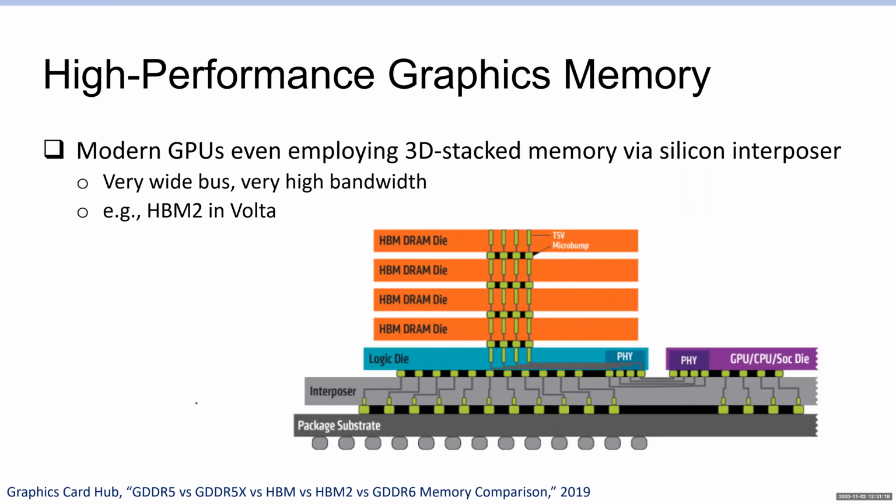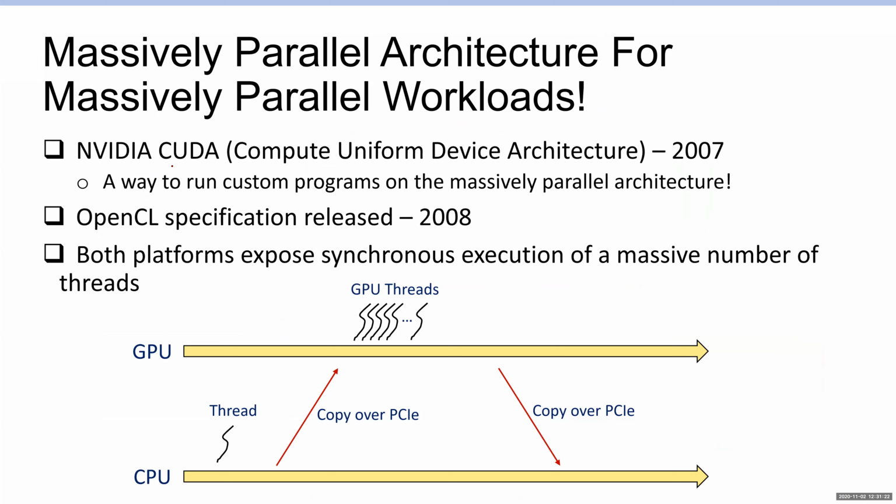At the same time, we have seen advancements in graphics memory. CUDA, NVIDIA CUDA, stands for Compute Unified Device Architecture. It came out in 2007, but back in 2006 they already had an early version of CUDA, and then OpenCL was released in 2008.